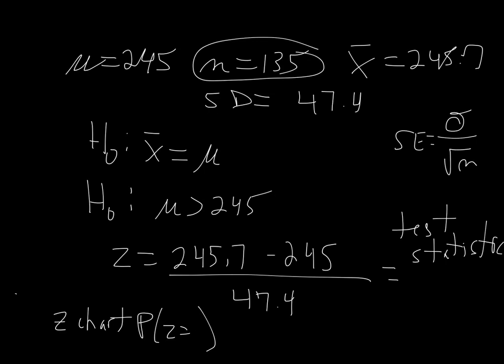And for your p-value, you're going to take 1 minus the value that you get here, and that's your p-value, okay? So if it was a two-tailed test, what you would do is multiply your p-value by 2, and that would be your p-value for your two-tailed test.